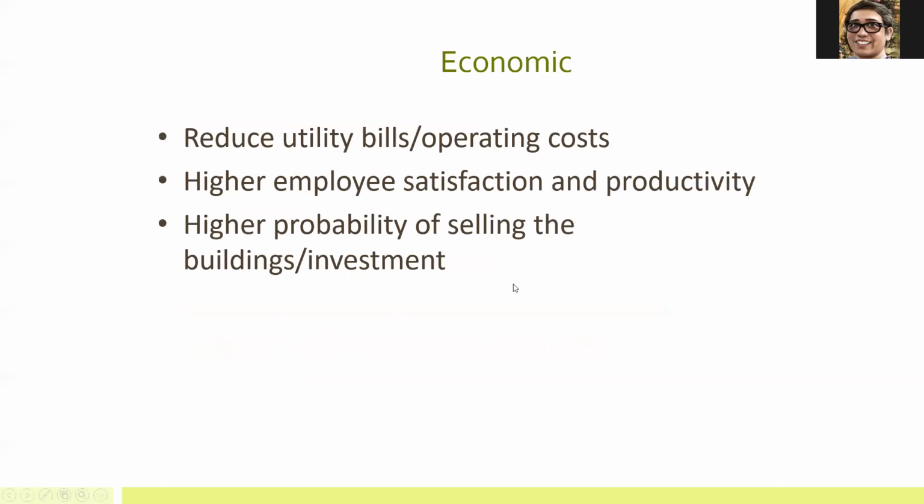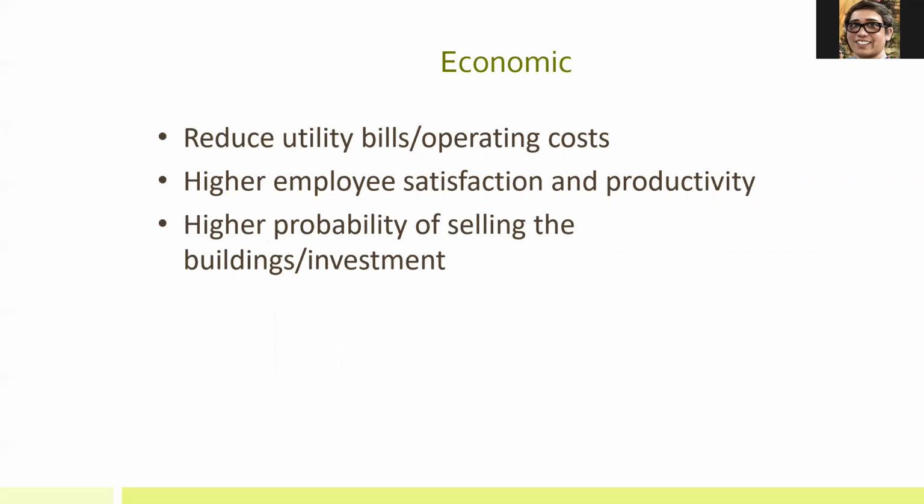So in economics, no, if you use sustainable design or sustainable architecture, it reduces utility bills and operating costs. Kukunti babayaran mo kuryente, and you will give higher employee satisfaction and productivity. If you will introduce green buildings principle or sustainable principles in your building, it will make people happy, no, and it will make people more productive. Kung maganda ang indoor air quality, it will make people productive, no, kasi maganda yung quality of air.